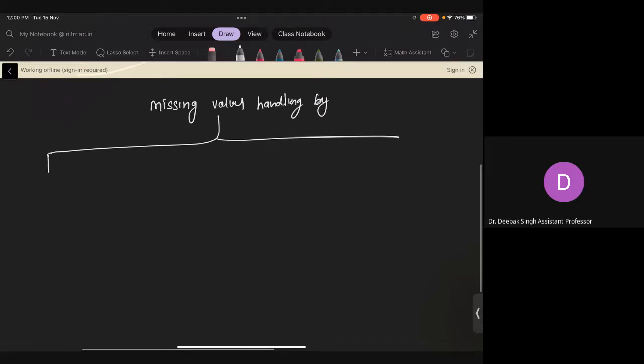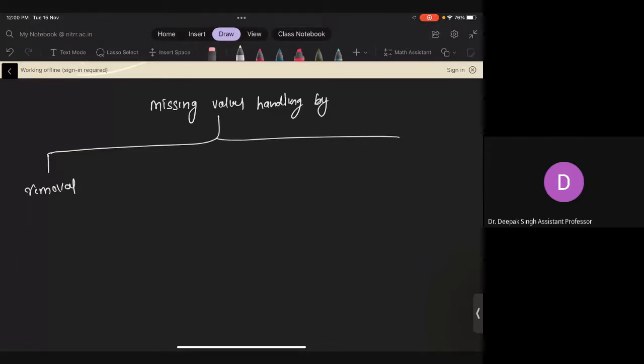One would be removal. Simply select those rows which are carrying not a number, missing values, or null values, and simply remove those rows.